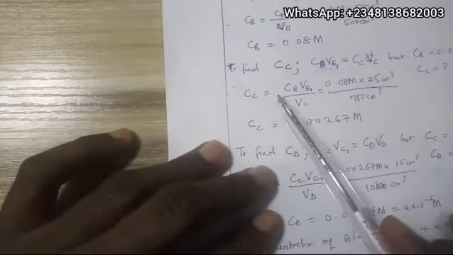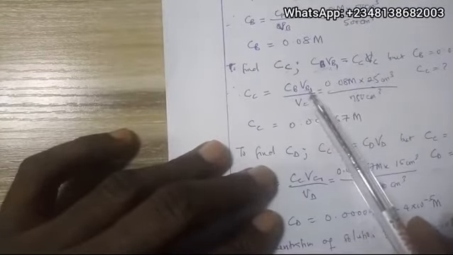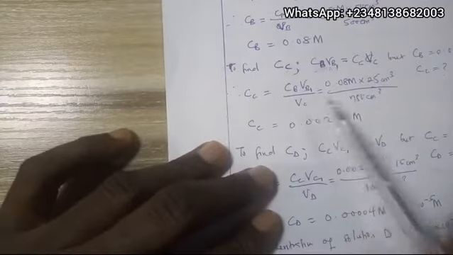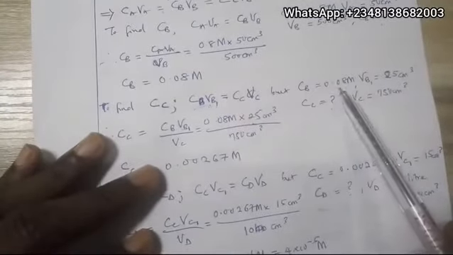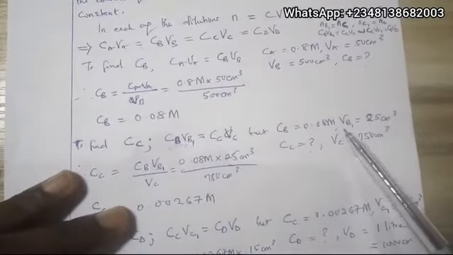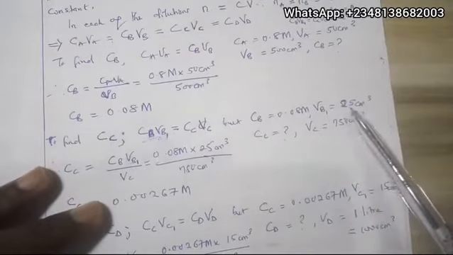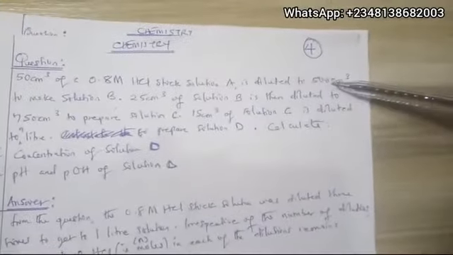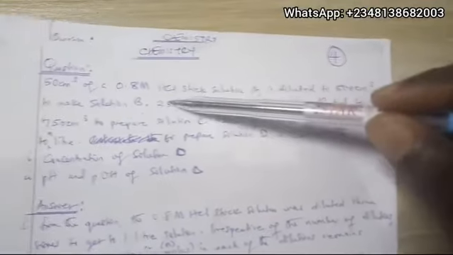subject of the formula, is now equal to CbVb1 over Vc. Now, remember, we have determined our Cb to be 0.08 mole per dm cube. This is where we got it. Then that Vb1 now is 25 cm cube as against the initial volume that was produced, which is 500 cm cube. 25 cm cube was taken from it.